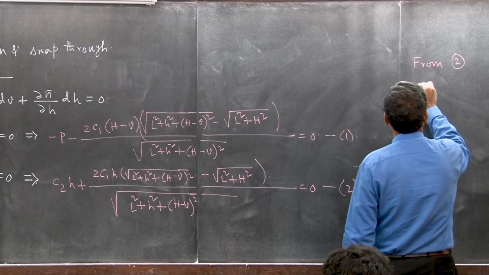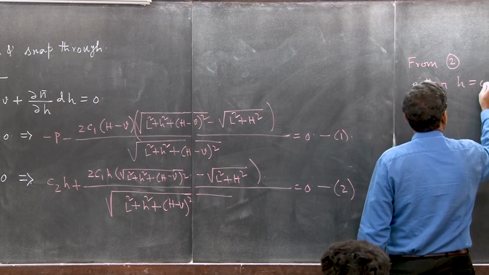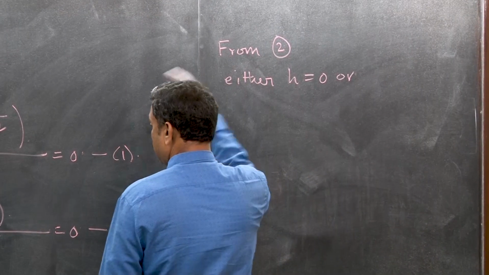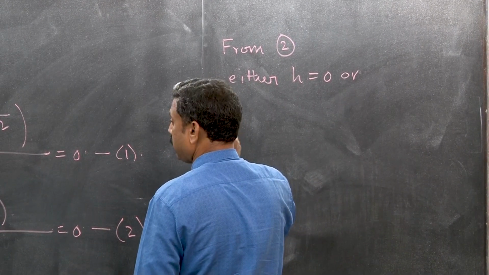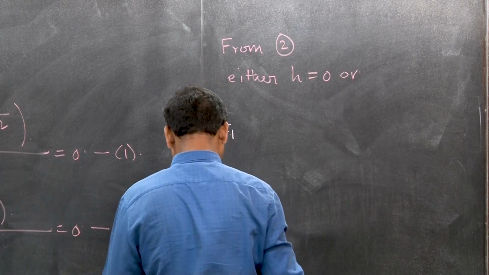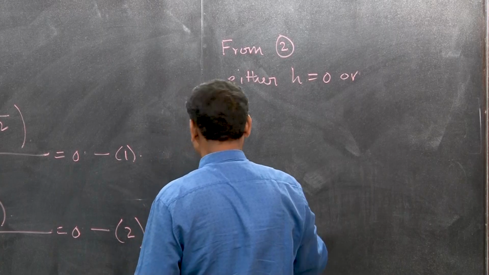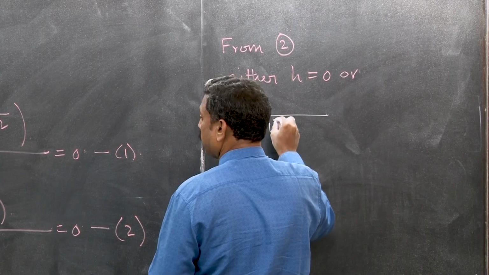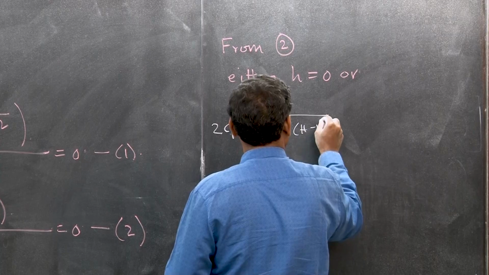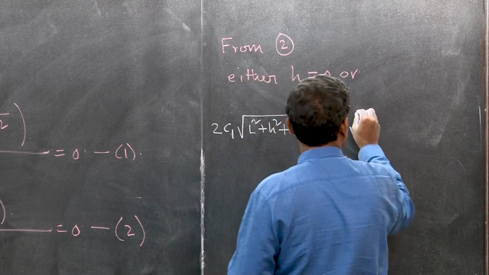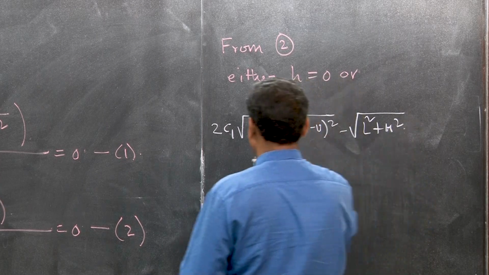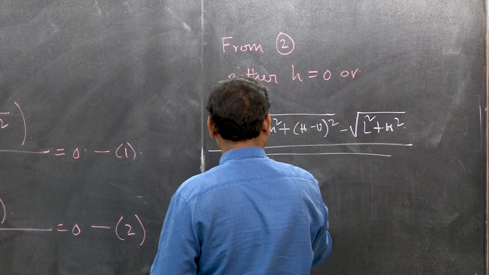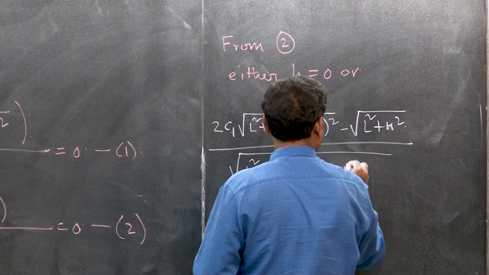From 2, either H is 0 or the rest of the expression is 0, the other one, which is 2 C1 H, 2 C1 times root of L square plus H square plus H minus P square, minus root of L square plus H square, divided by root of L square plus H square plus H minus P square, is equal to 0.